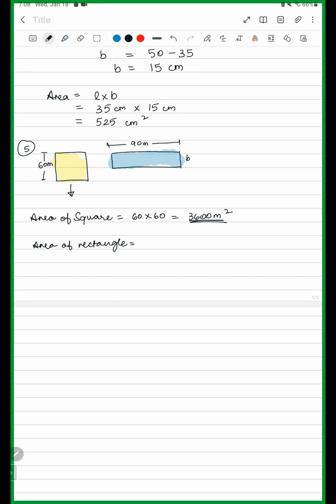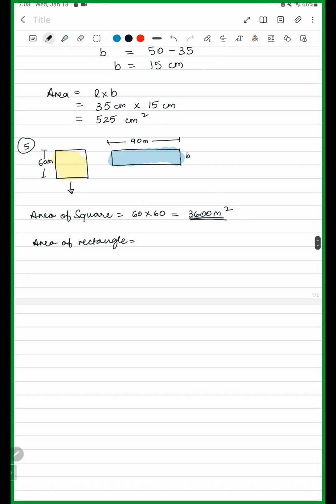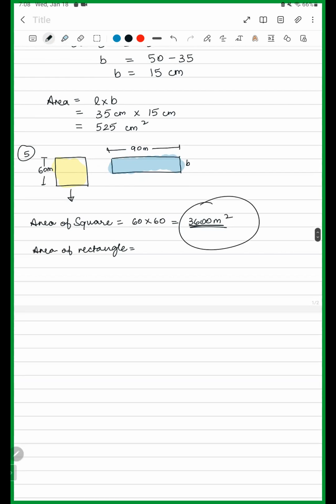But how much is it? 90 multiplied by B. And that will be equal to? Hiba, read the question again. Area of the square park is the same as that of the rectangular park.